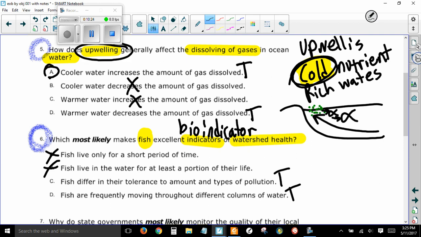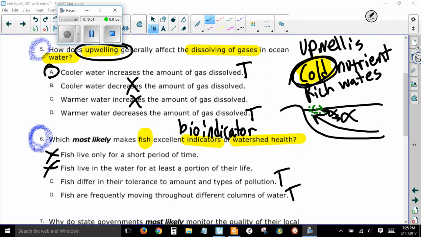Most fish stay in a particular part of a lake or ocean or whatever, but they do kind of move around. So they might go a little higher towards the surface. They might go a little deeper. And fish do tolerate different amounts of pollution. If you've ever had an aquarium, you know some fish are really hardy fish and some fish are not.